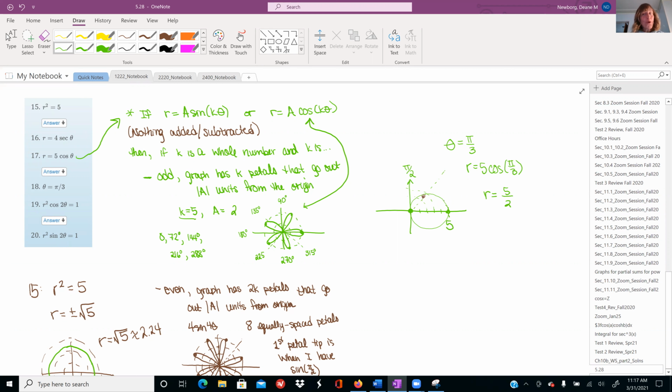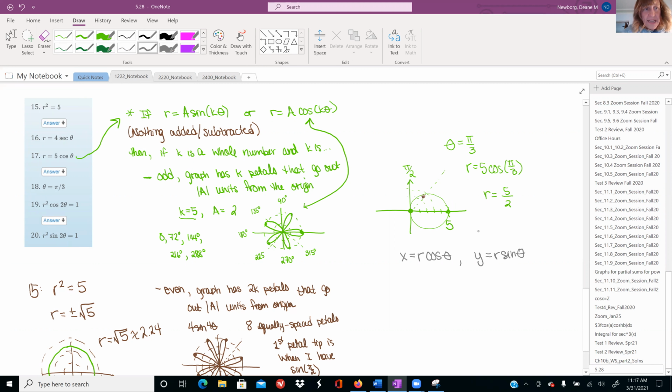Here's the other thing you could do. If you're really uncomfortable with polar coordinates, you could say, how could I get this back in terms of rectangular coordinates? And I remember that in rectangular coordinates, x equals r cosine theta, y equals r sine theta.